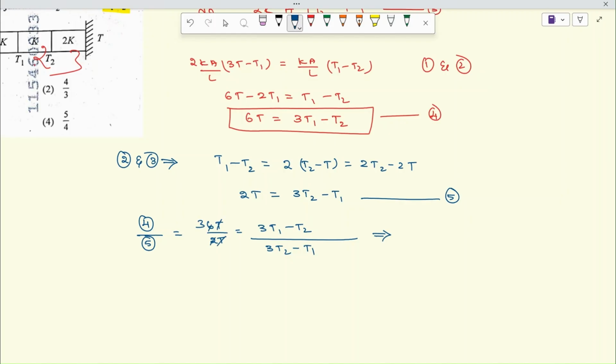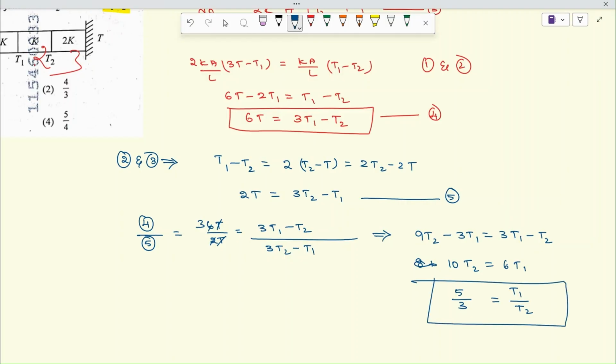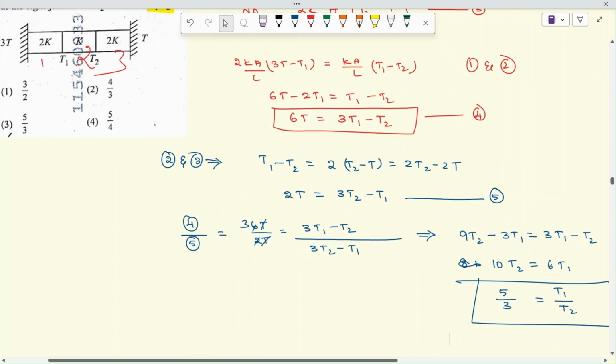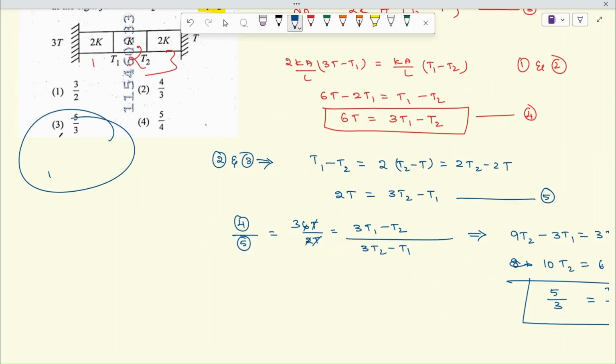So sending this denominator to the left side, 9T2 minus 3T1 is equal to 3T1 minus T2. So 10T2 is equal to 6T1, which means T1 by T2 is equal to 10 by 6, which is 5 by 3. Option is third one.